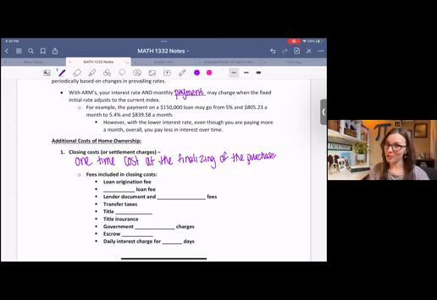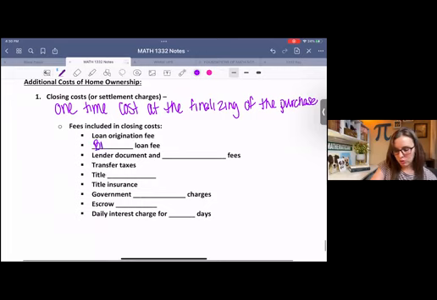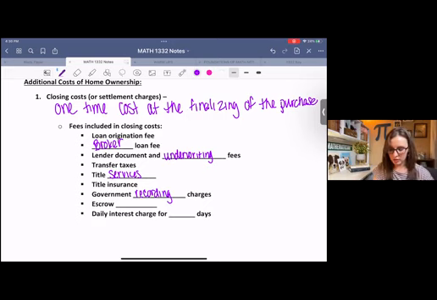And then some other fees included with the closing costs are the loan origination fee, a broker loan fee, underwriting fees, title services, transfer taxes, title insurance, government recording charges, escrow deposit, and daily interest charged for 12 days.